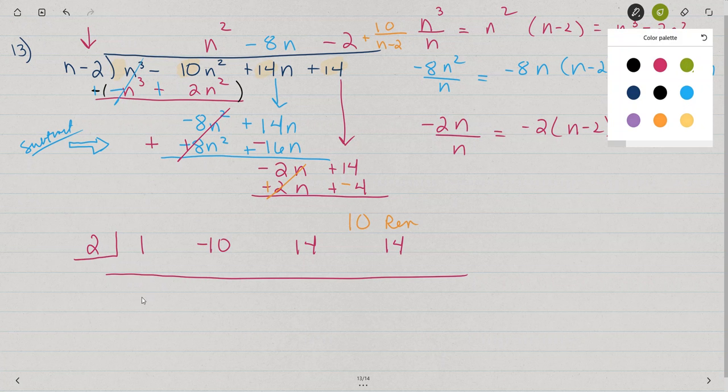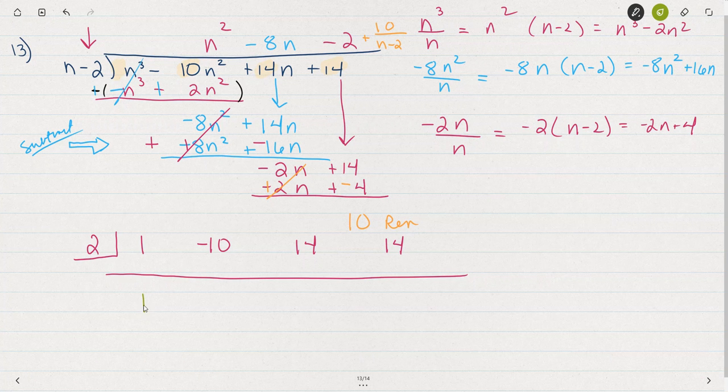Remember the process: bring down the 1, multiply, 1 times 2 is 2, add negative 10 plus 2 is negative 8, multiply negative 8 times 2, negative 16, add negative 16 plus 14 is negative 2, multiply negative 2 times 2 is negative 4, and add to get 10. Do you see how we get the same answer?